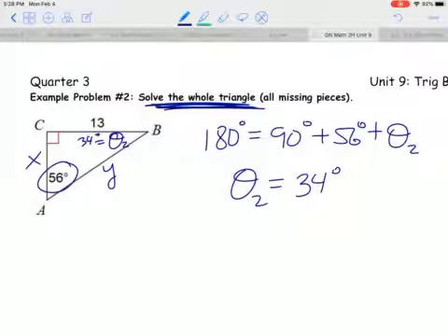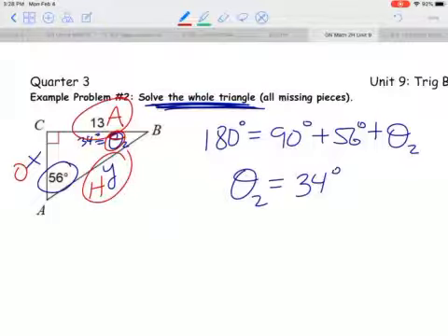Okay. And then to set up one of our fractions, let's say this is our angle. So this is H, O, and A. So let's solve that guy first.